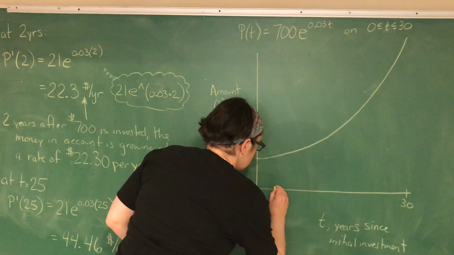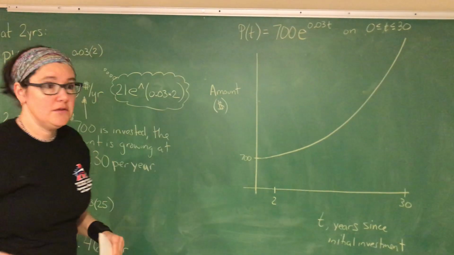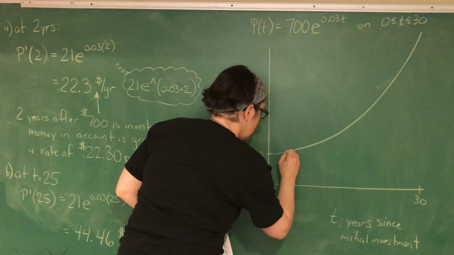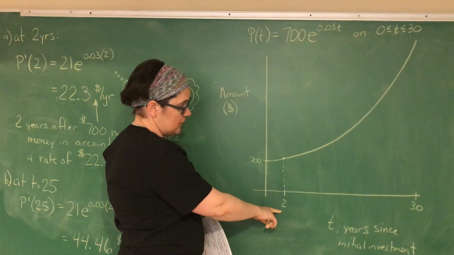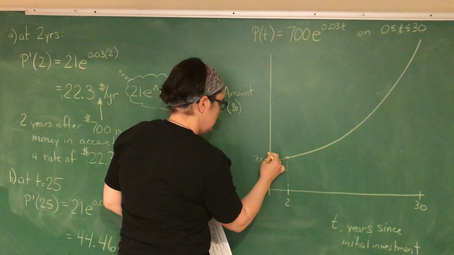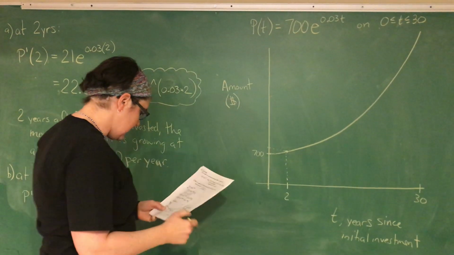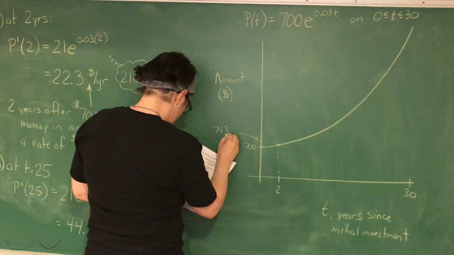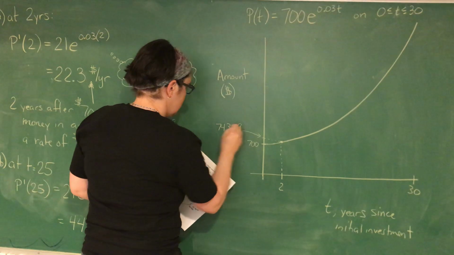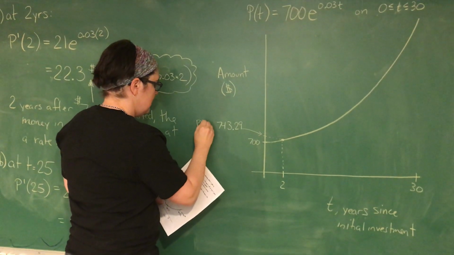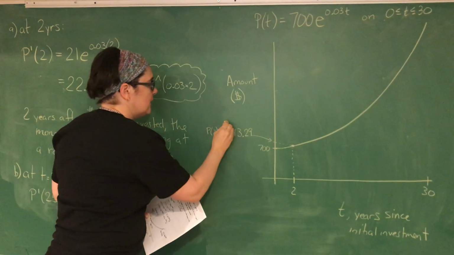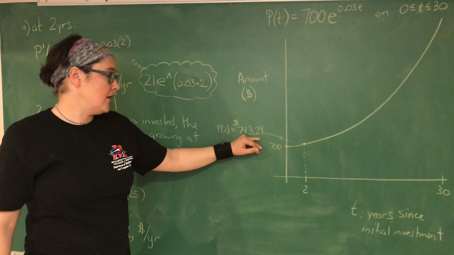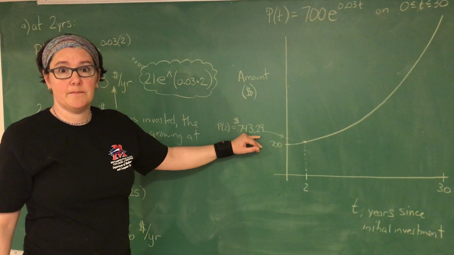If you plug t equals 2 into your calculator, using the trace function and typing in t equals 2, the output that I got was 743.29, and that is P of 2. This tells us that after 2 years, your account has $743.29 in it.